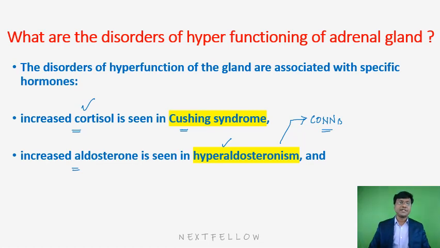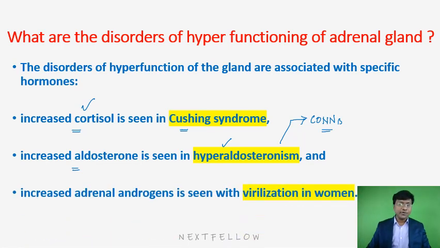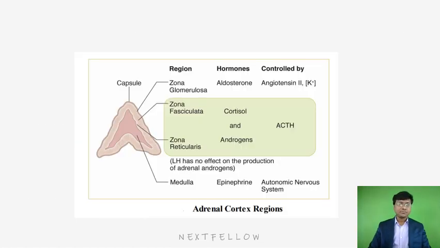Followed by that, if there is excessive production of adrenal androgens, that will result in virilization in women. So these are the disorders of hyperfunctioning of the adrenal gland: Conn syndrome, Cushing syndrome, and virilization in women.